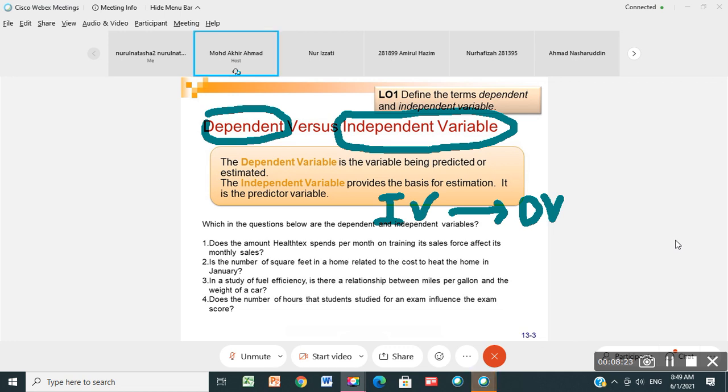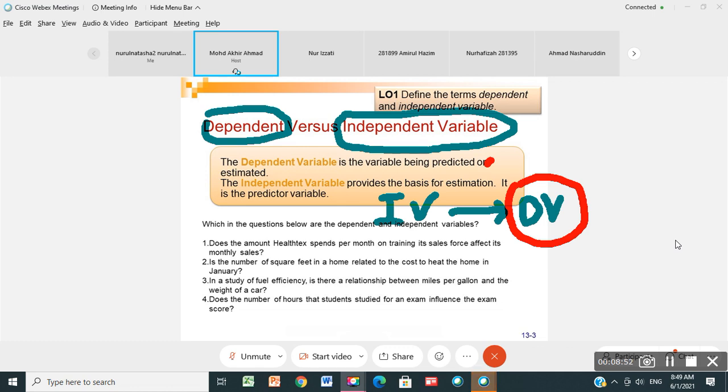IV independent variable. They mean in other words, bagi kita faham, DV adalah outcome. What we do in the research, we need an outcome. Then it's outcome. They call dependent variable. Otherwise, they say the variable to be predicted or estimated. Ini terminologi dia. Kalau you tengok terminologi dia, you agak confused dan sukar nak faham.